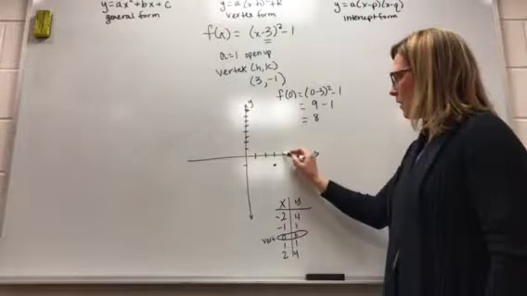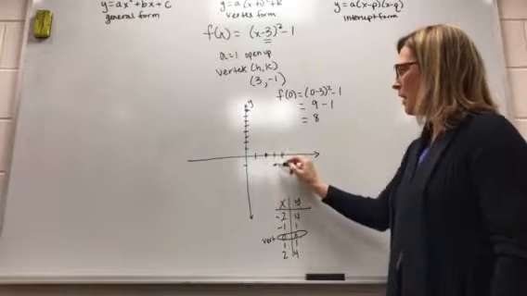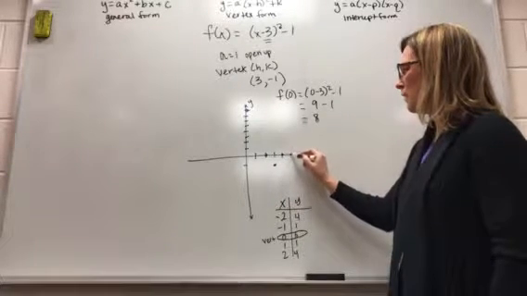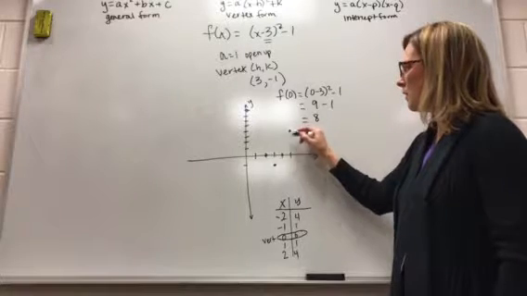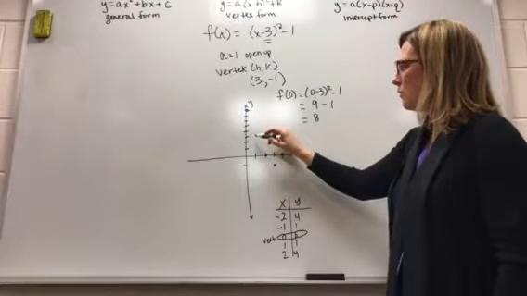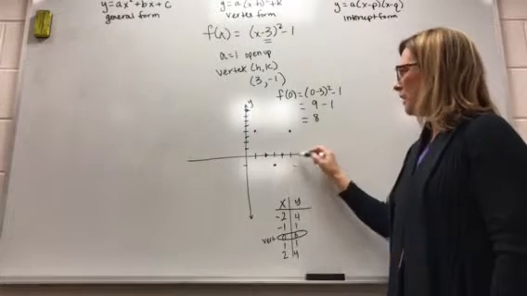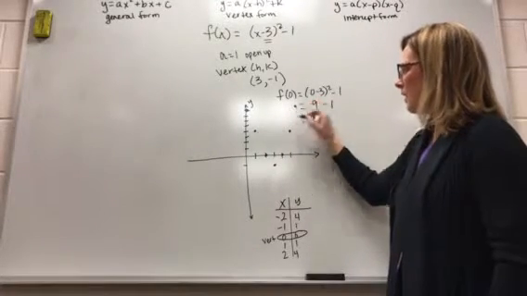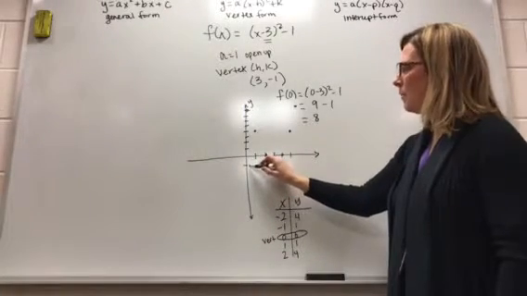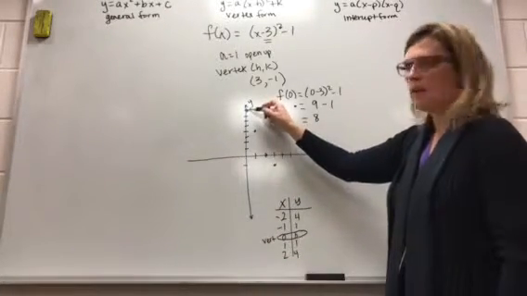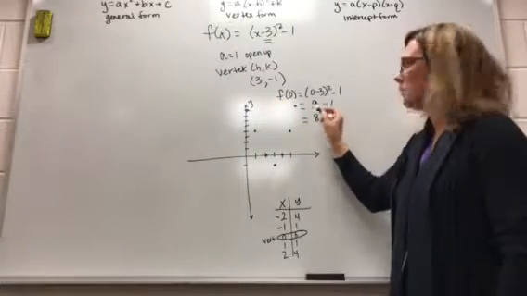So I could go to the right 1 and up 1, and I can go to the left 1 and up 1. Then I can go to the right 2 and up 4. And then I could even go over 3 and up 9. From here, if I go over 3, I'm at the y-axis, and if I go up 9 from negative 1, I'm at y equals 8, which I already found to be (0, 8).